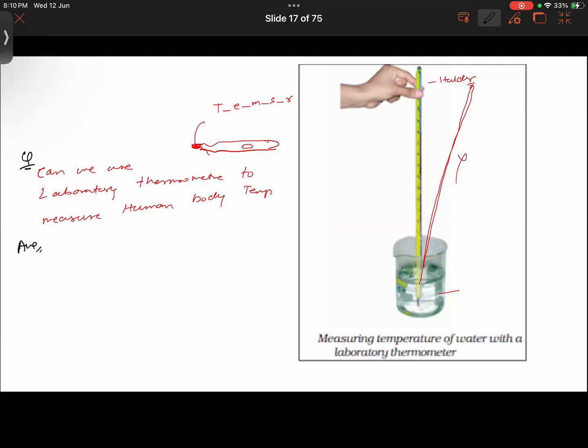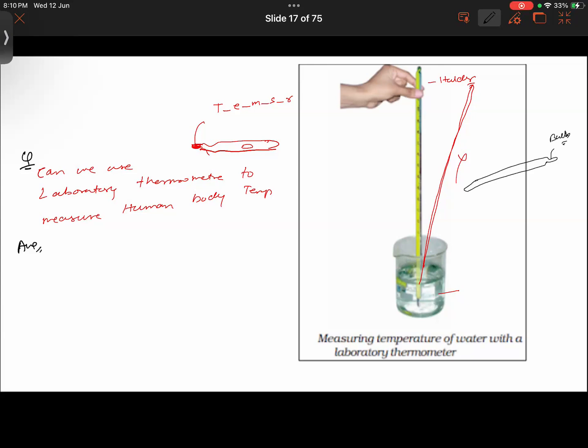As long as you kept this laboratory thermometer in your mouth, the bulb was in contact with heat. As soon as you take it out, the bulb is in contact with air. So due to air, this bulb will cool down, and thereby the reading will be wrong. Getting it, guys?